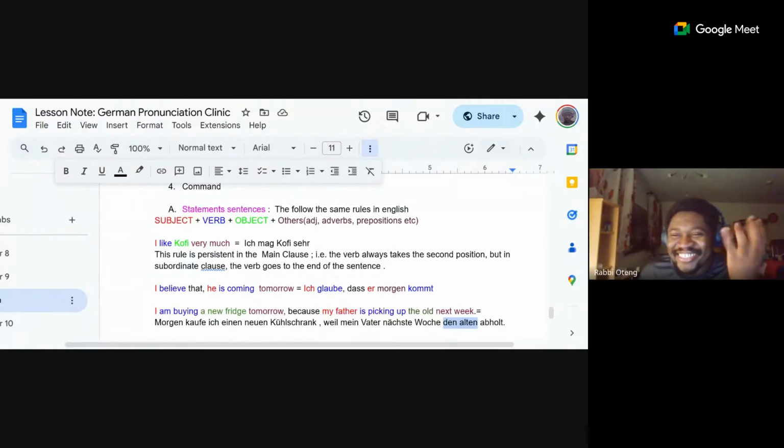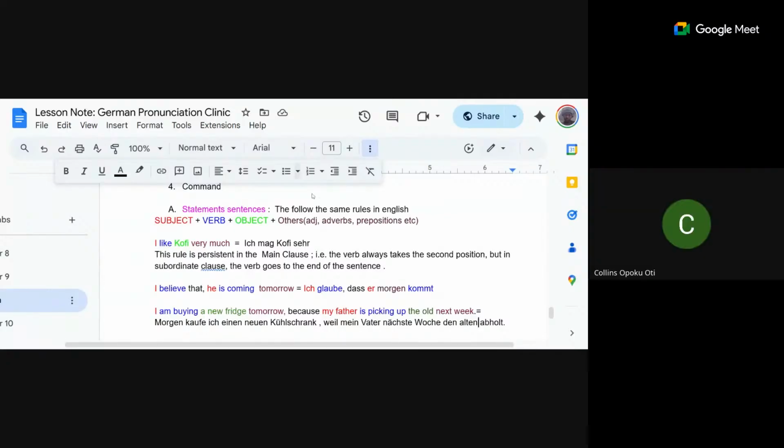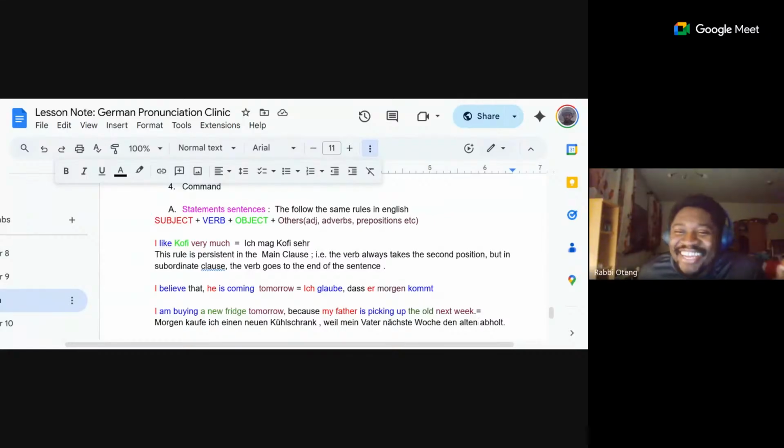That's C1 style, because any beginner would say den Alten Q shrunk. So in English you'd say, do you have a phone? I have one. You'd say, I also have one phone.